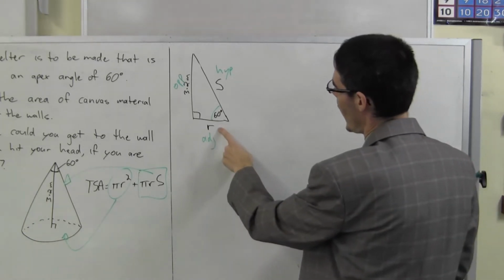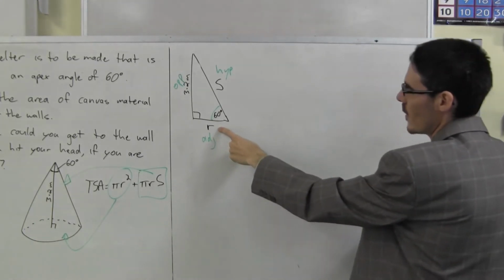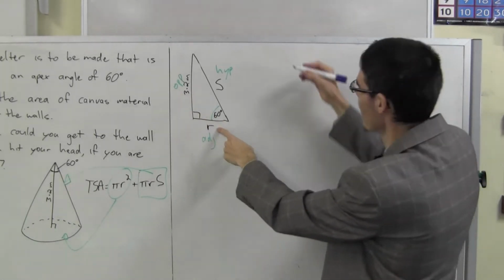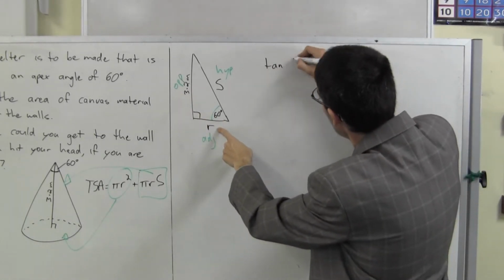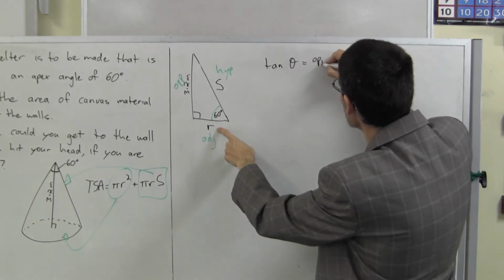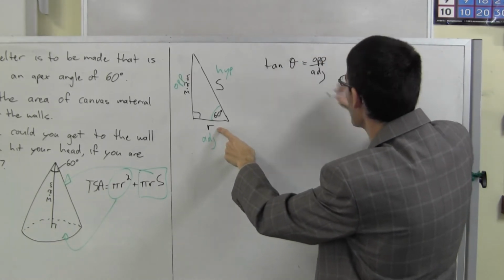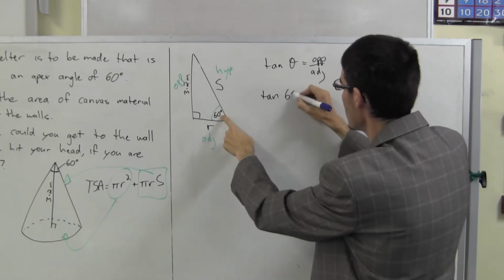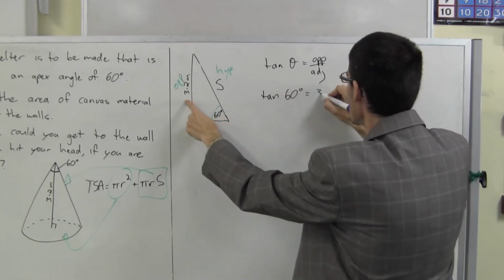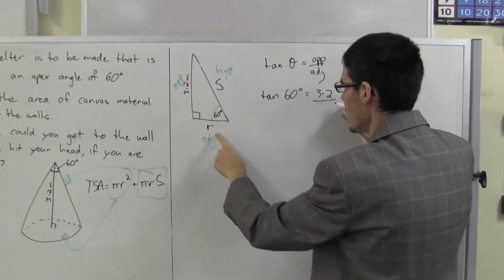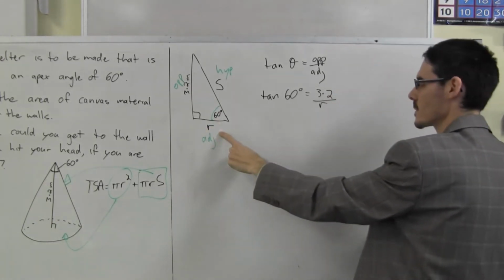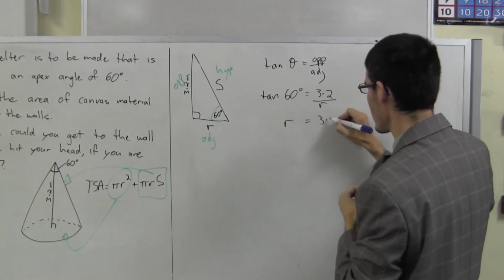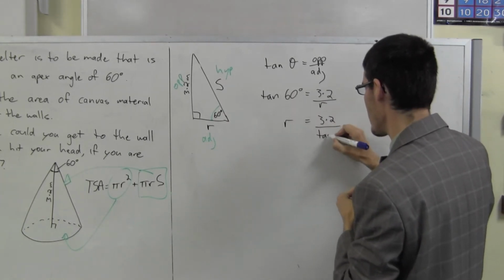Okay, for R, I've got opposite and adjacent. That's tan. Tan of my angle is opposite on adjacent. Put in what I know. Tan of 60 is 3.2 divided by R. Cross multiply. R is 3.2 divided by tan 60.